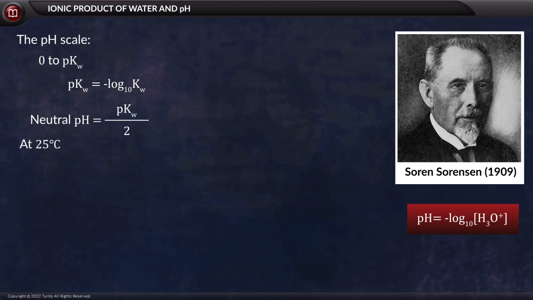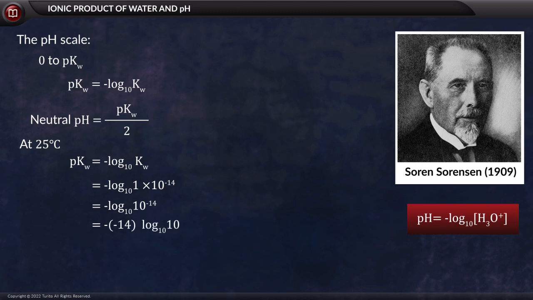Hence, at 25 degrees Celsius, pKw is minus log to the base 10 of 10 to the power minus 14. This minus 14, when taken to the other side of log, it becomes 14, and value of log 10 is 1, which means that the pKw at 25 degrees Celsius is 14.